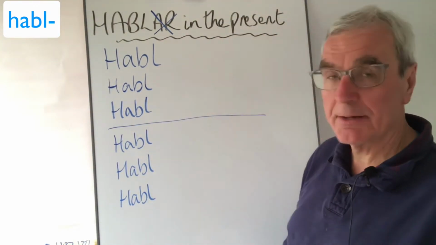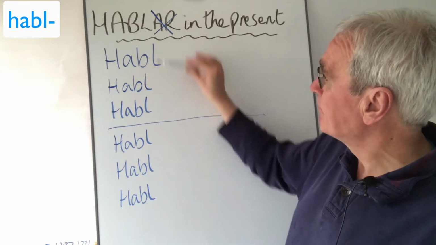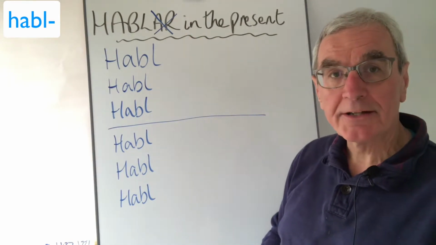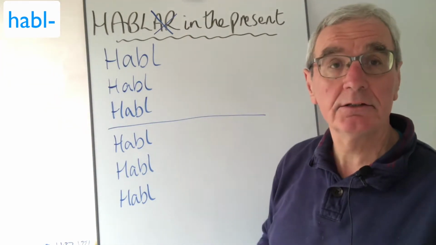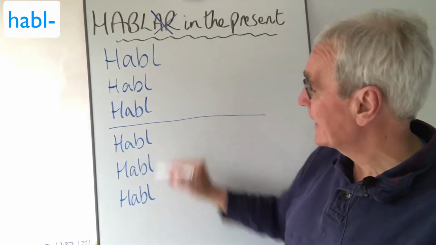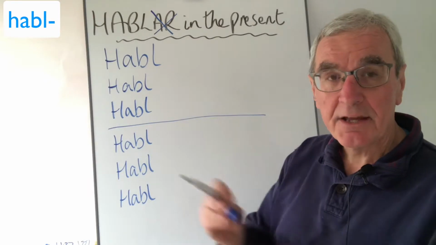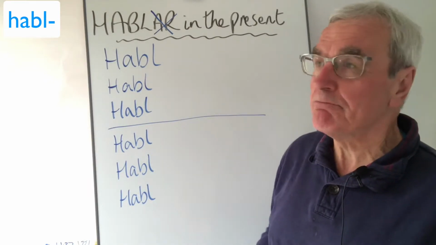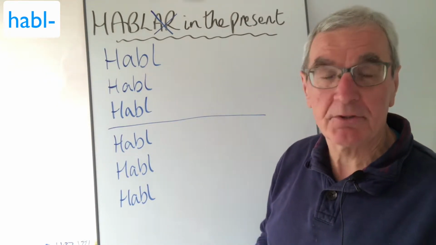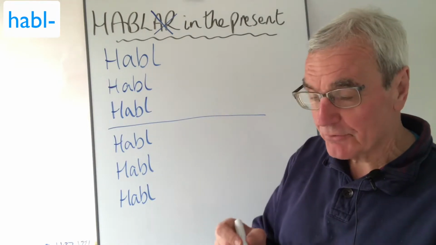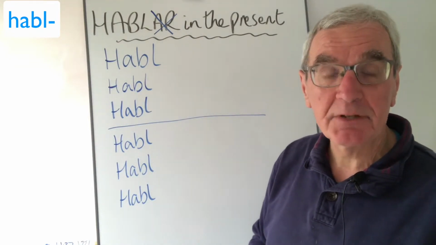H-A-B-L 6 times over. Above the line here, I'm going to be putting the singular of the verb, and in the bottom part, I'm going to be putting the plural parts. Now, if these grammatical terms don't mean that much to you, don't worry. Hopefully, things will become a little bit clearer as we move along.